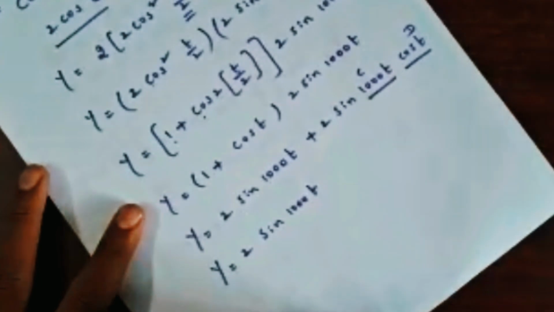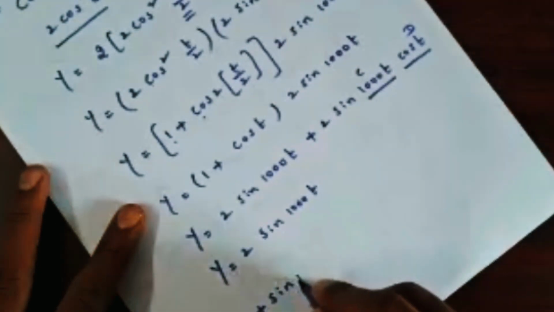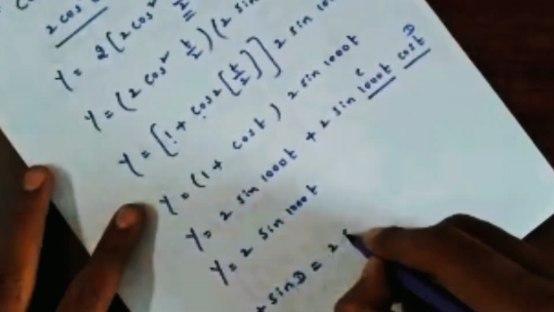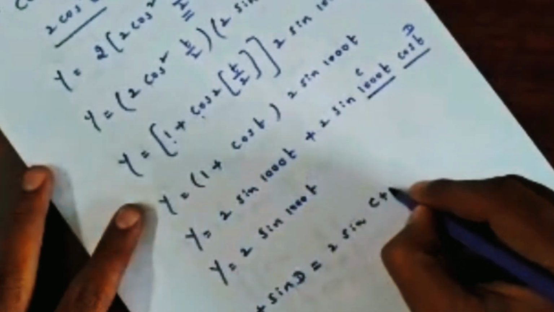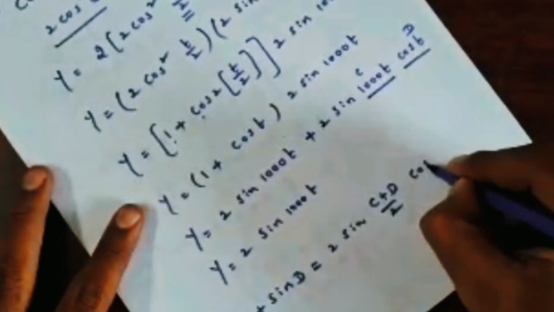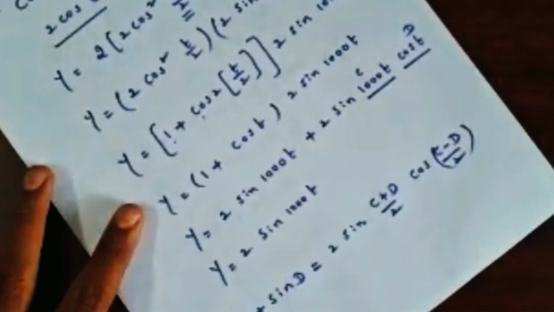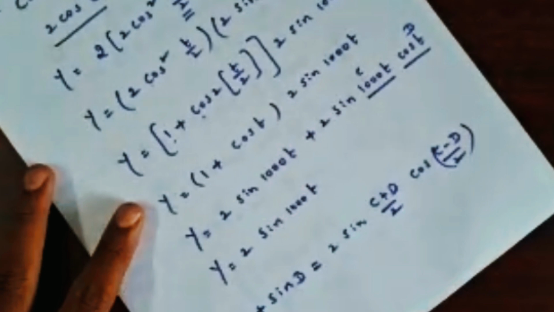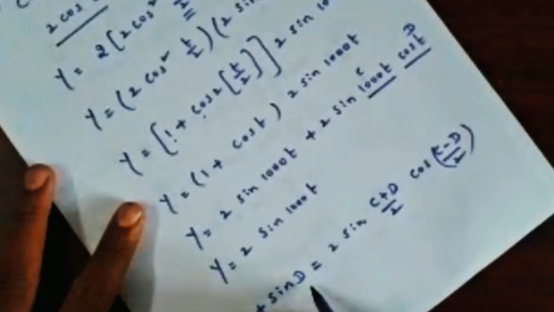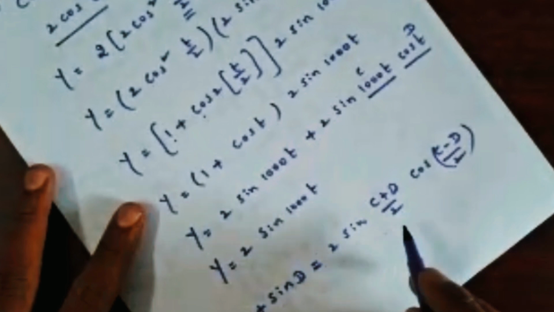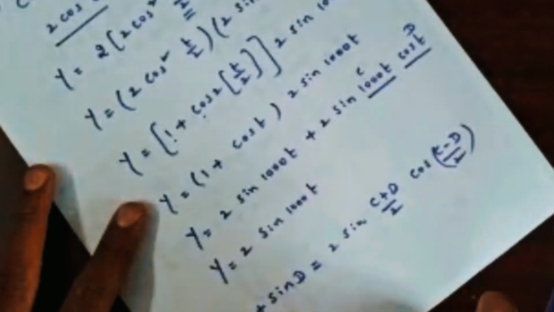In trigonometry you have one formula: sin c plus sin d is equal to 2 sin of c plus d by 2 cos of c minus d by 2. This is the formula.